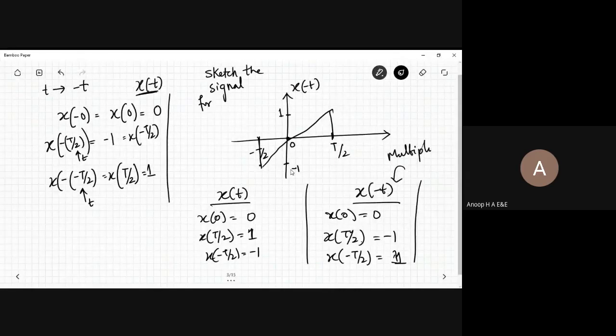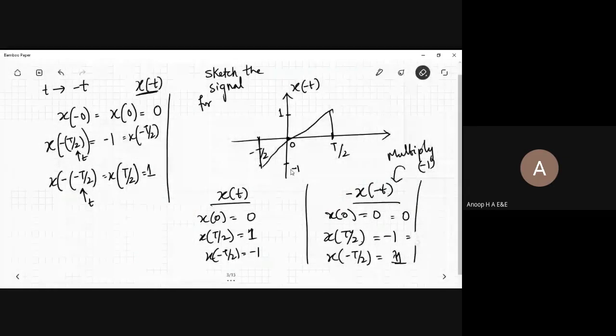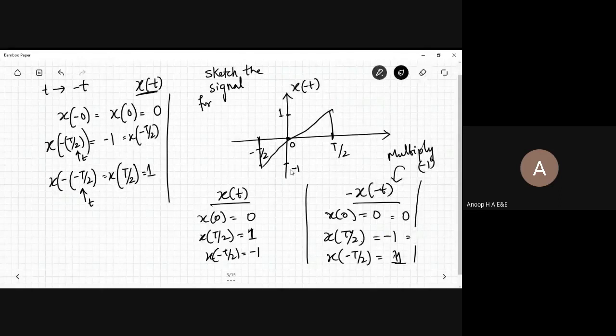What you will get for minus x of t is 1 here, again 1 here, and this one is -1. So all the values are equal once you multiply by -1, minus x of minus t.